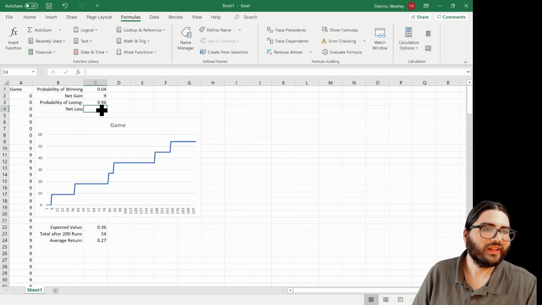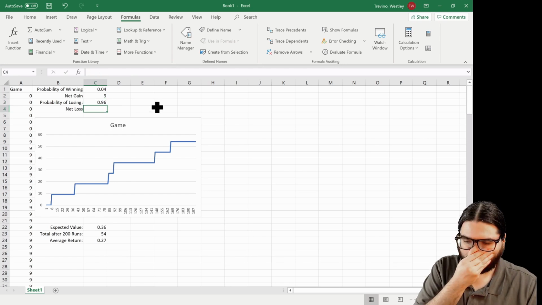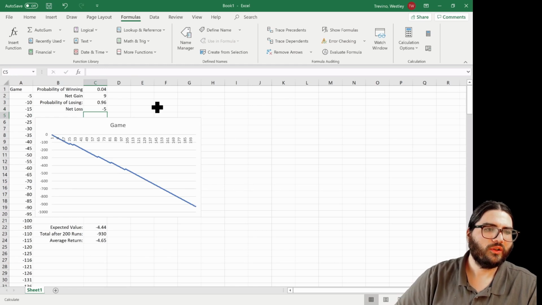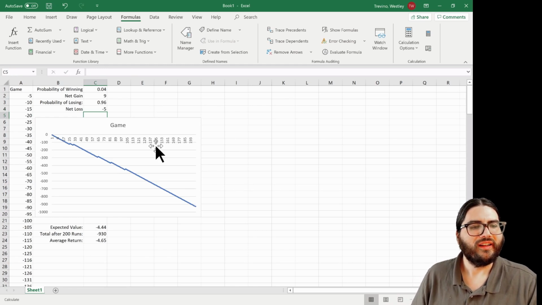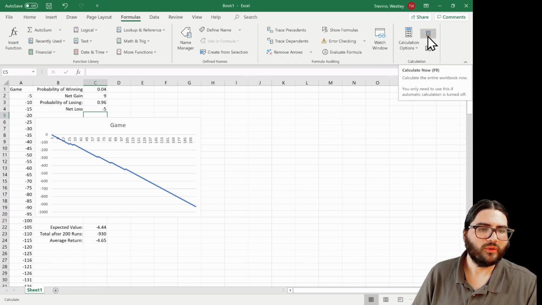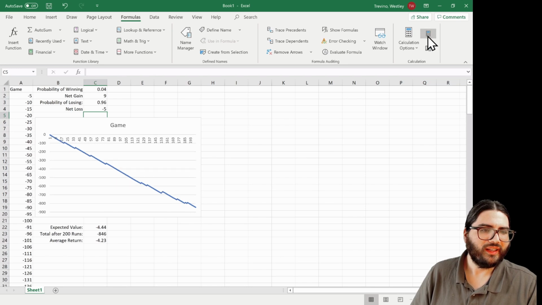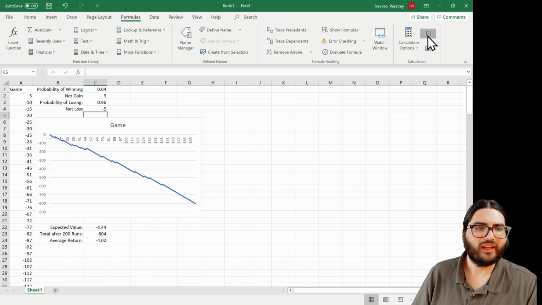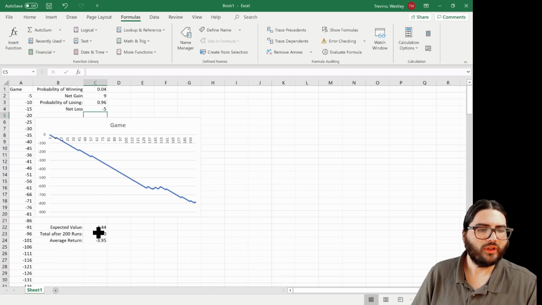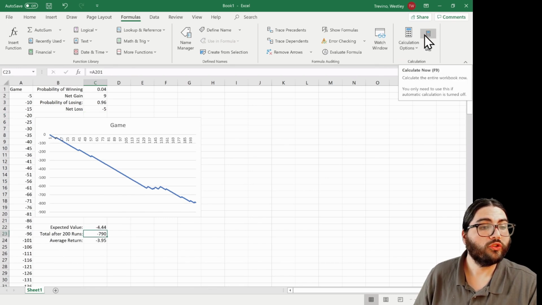But now let's bring in the net loss. Oh my goodness. Bringing in the net loss clearly shows that this is really not a winning game. Even if I click my calculator button lots and lots of times, after 200 runs, this number measures how much money I will win or lose total after playing 200 times.